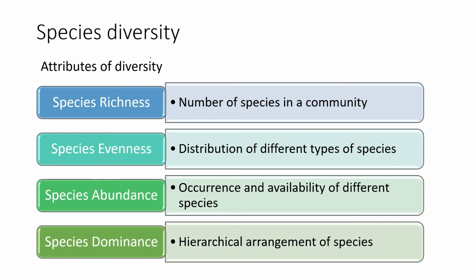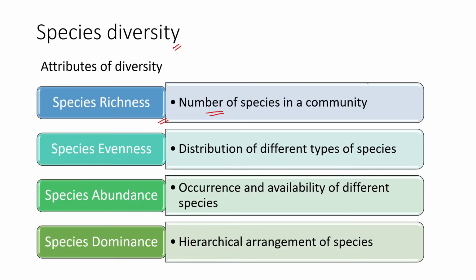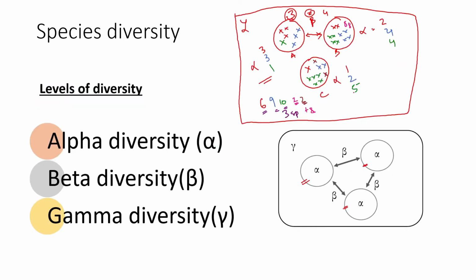Next, moving on to understanding species diversity. Species diversity has different attributes, the first being species richness. Richness talks about the number of species. In that system we saw, the species richness is 3. Let's say in community A we found 3 kinds of species, in B we found 4 species, and in C we found 5 species.